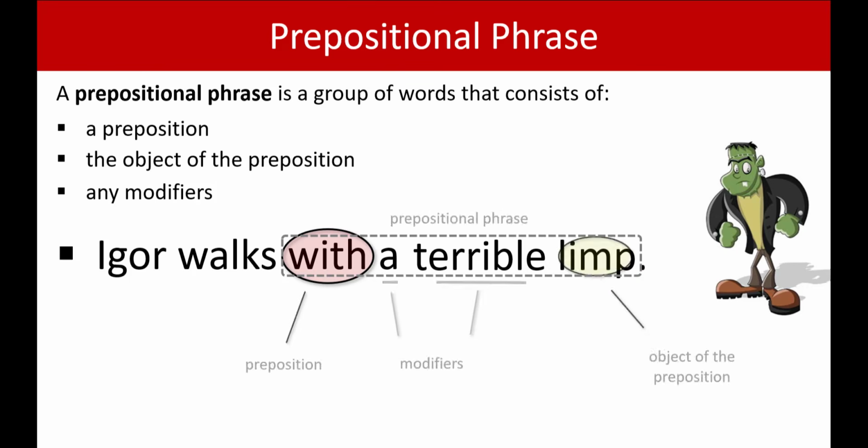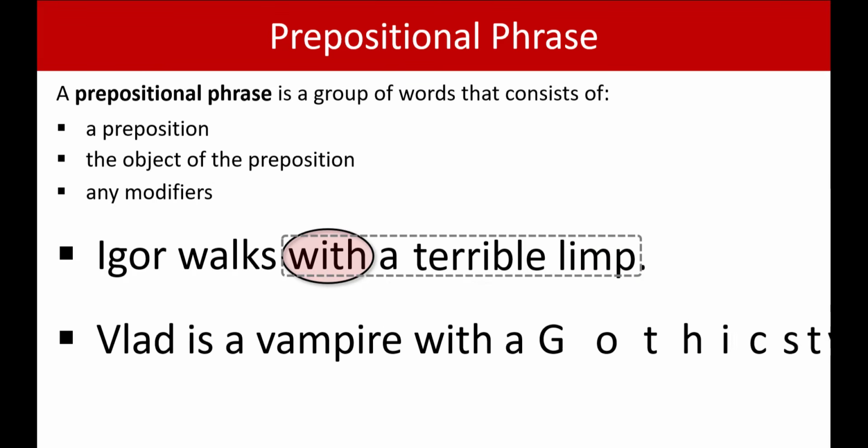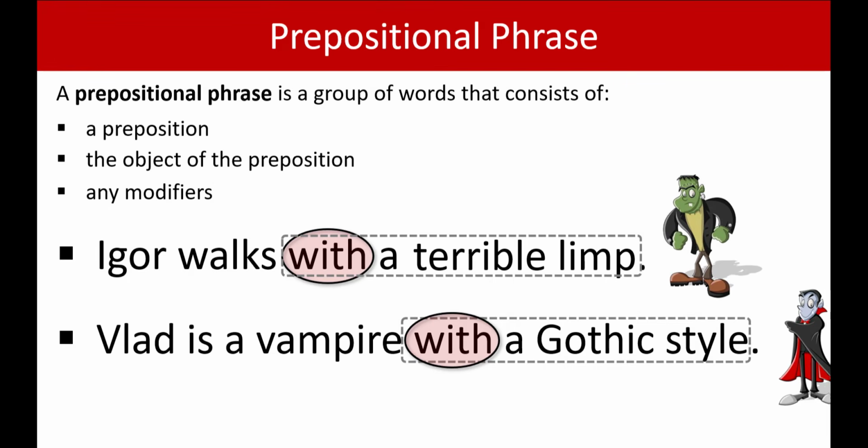And here is a similar version to one of our previous examples. Vlad is a vampire with a Gothic style. Well, with a Gothic style is our prepositional phrase, and with is our preposition.